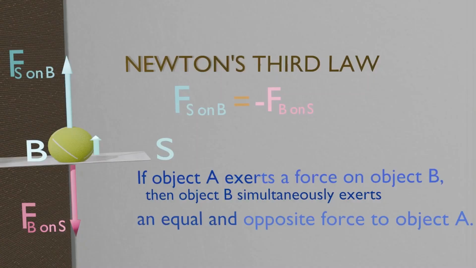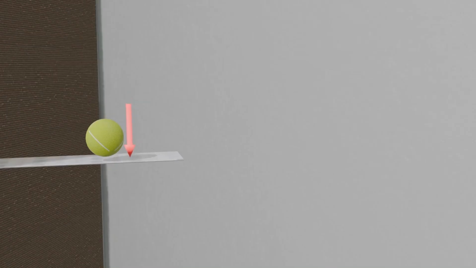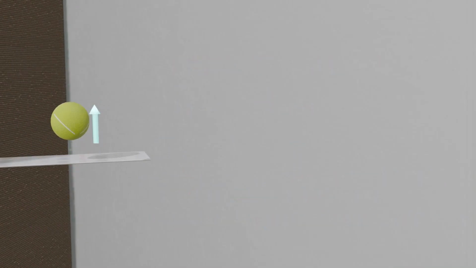If we assume that F of S on B, which is the force that the ball experiences due to this surface, is roughly 200 times larger than the weight of this ball, then we can assume that this force is responsible for changing the velocity the ball has when it hits this surface to the new velocity the ball has when it leaves the surface.